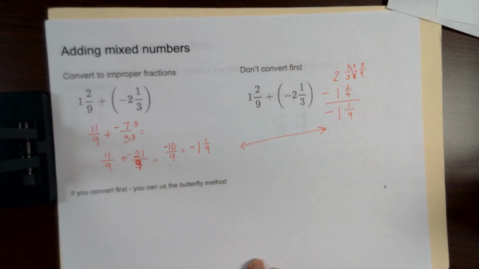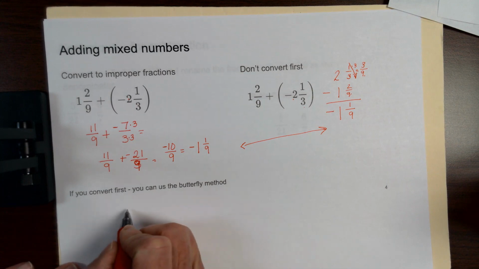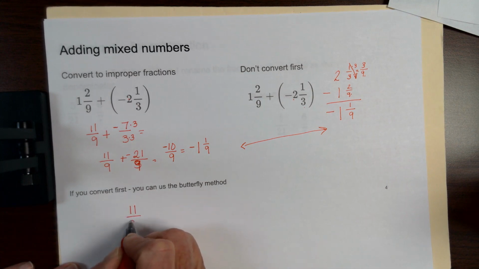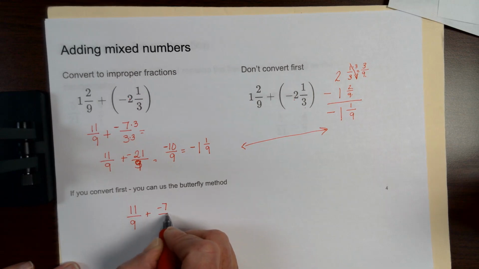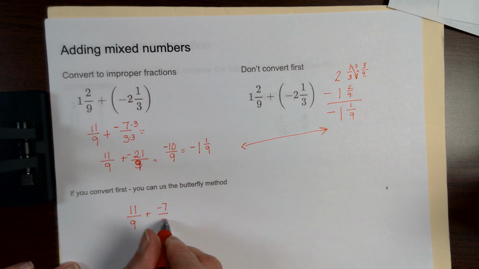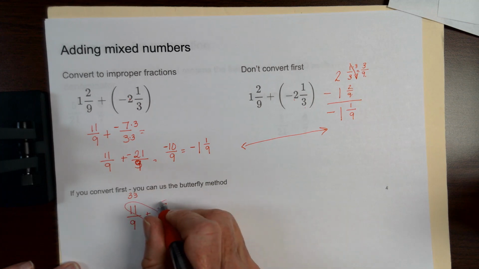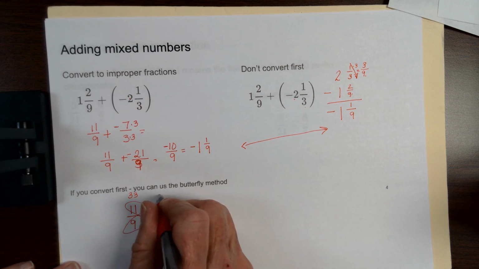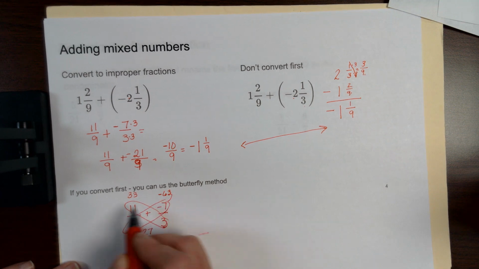If you convert first, you can do the butterfly method, but I think you'll see that it's not always the best method to use. Okay, I converted first here. So I'm going to multiply up, so I have 33. Multiply up, so I have a negative 63. I'm going to multiply across the bottom, so I have a 27.